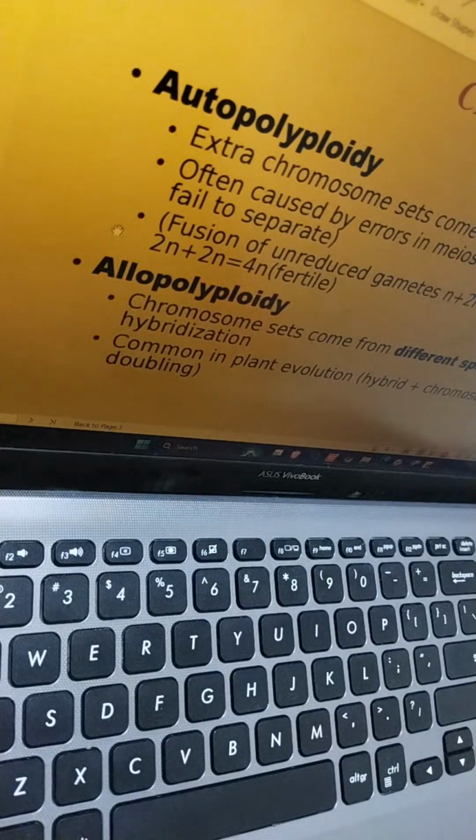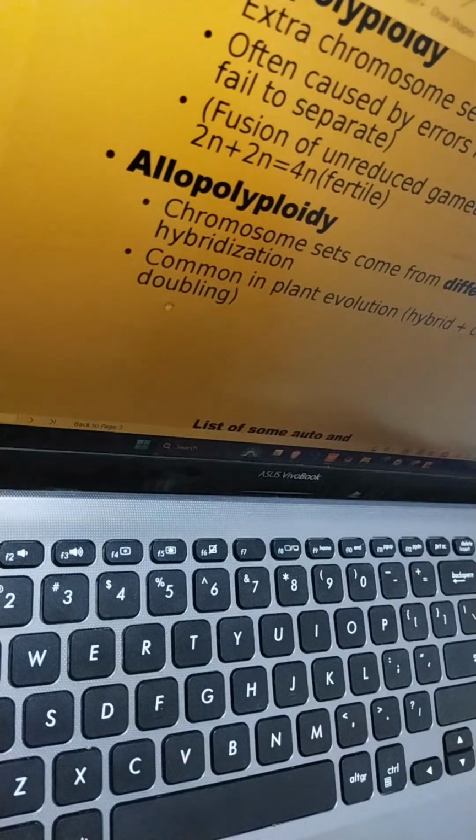Allopolyploidy: chromosome sets come from different species after hybridization. It is common in plant evolution, through hybridization plus chromosome doubling.